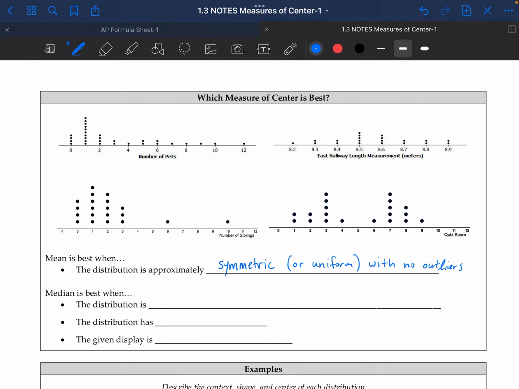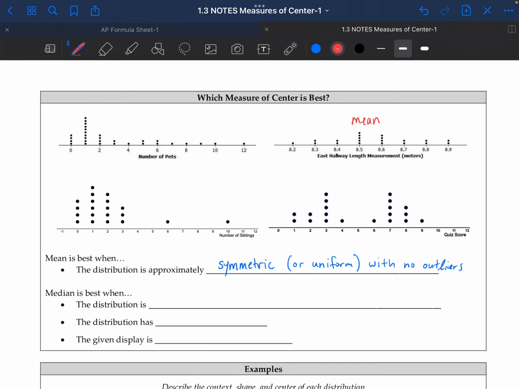If your distribution is roughly symmetric or uniform and there are no outliers, then you're going to want to use the mean. That's the one you want to lean on. So this one up here in the top right, talking about the hallway length, mean would be a really good option. That's roughly symmetric. There aren't any outliers. And so that would be a good way to measure that.